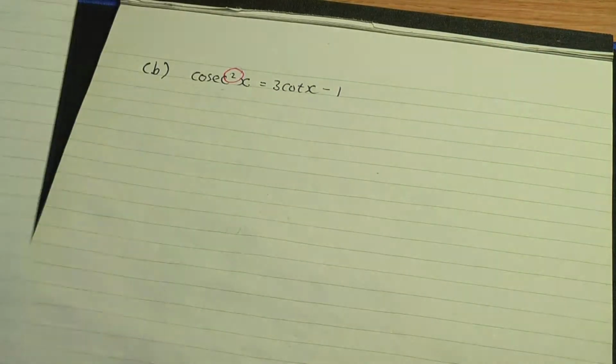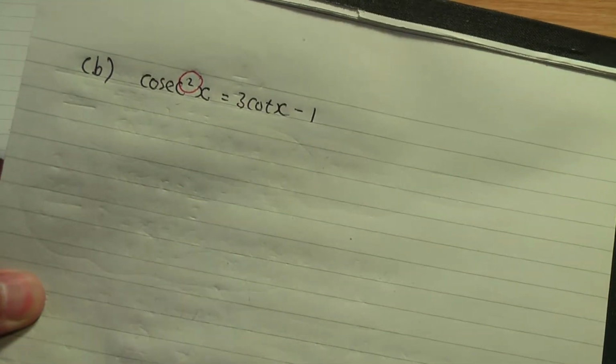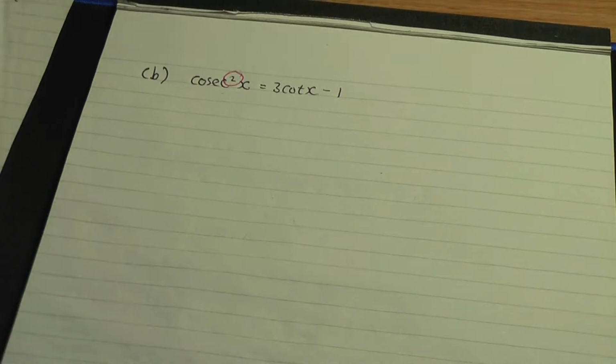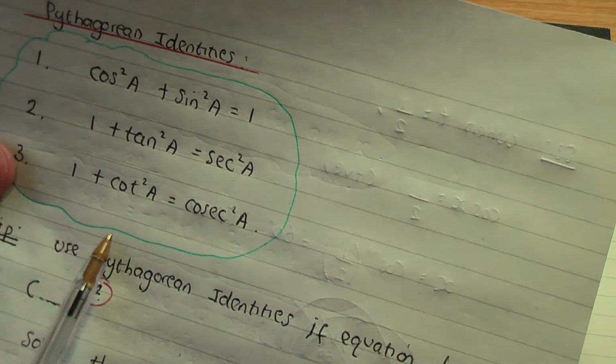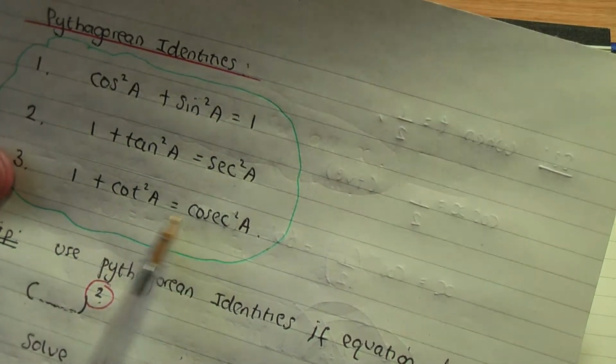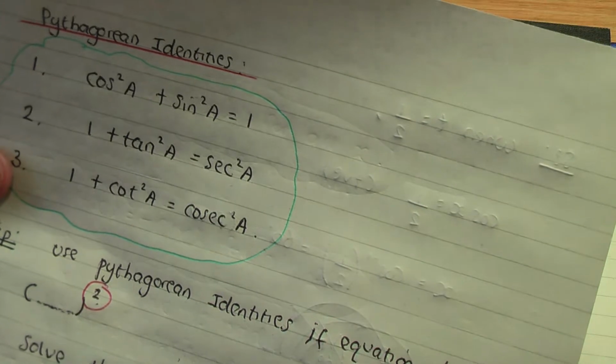So it's going to be one of these three. The one for us is number 3: 1 plus cot squared is cosec squared.